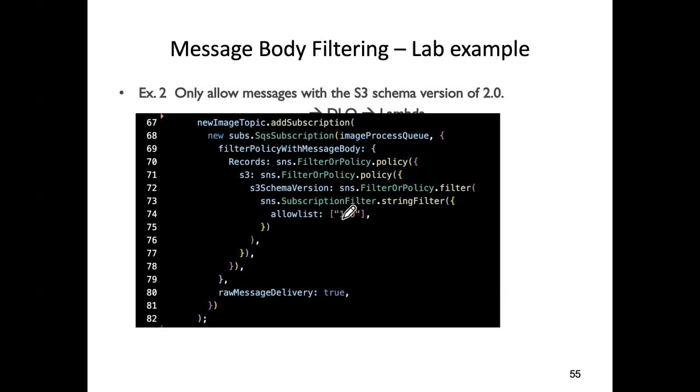So the allow list says I'm only allowing messages that, in fact, that's wrong. That should be 2.0, not 1.0. Only allow messages with the S3 schema version of 2.0, yeah. So the filter there in the screenshot is wrong. That should be 2.0. Okay.